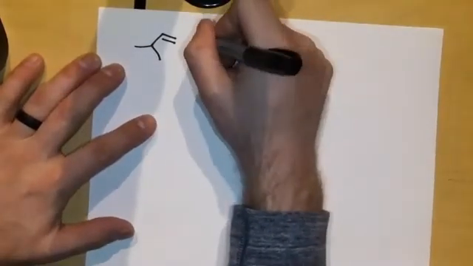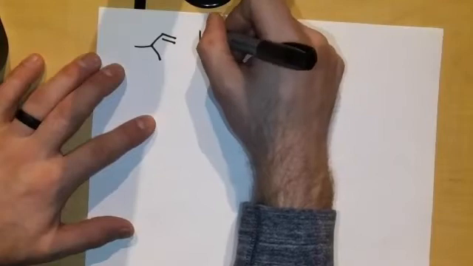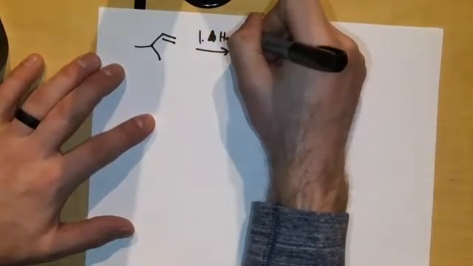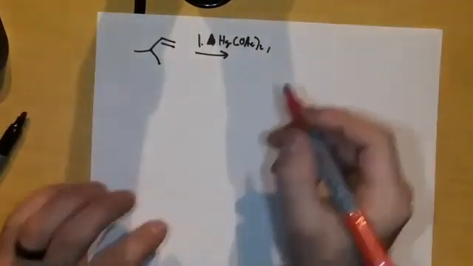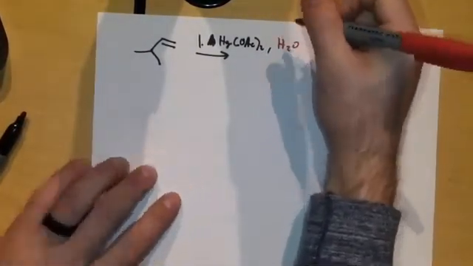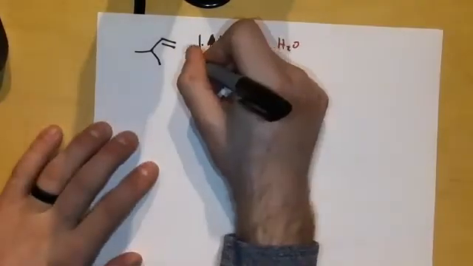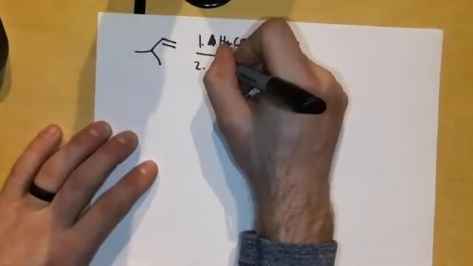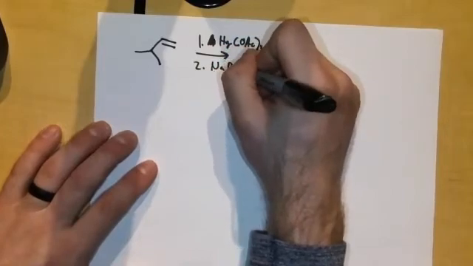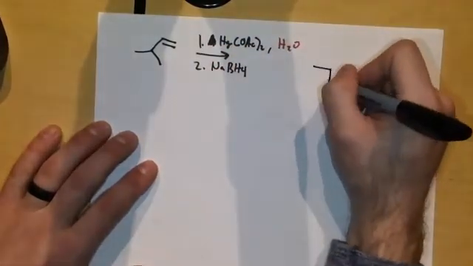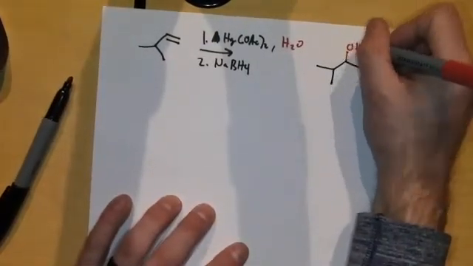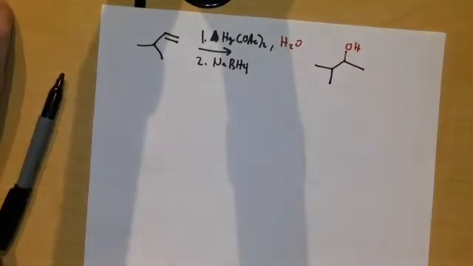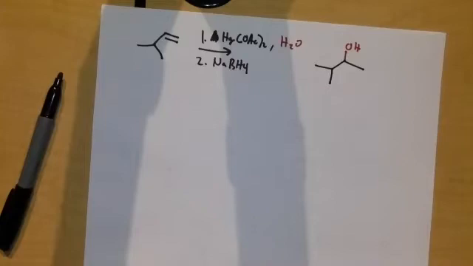If you throw in mercury acetate and water, followed by sodium borohydride, this allows us to make an alcohol.